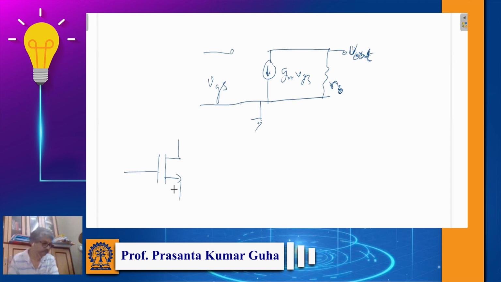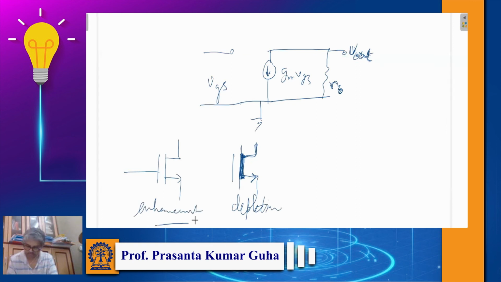In case of depletion type MOSFET, we usually make this thicker, to make you understand that there is a channel already present underneath the gate. So this is depletion type MOS, and this is enhancement type MOS.